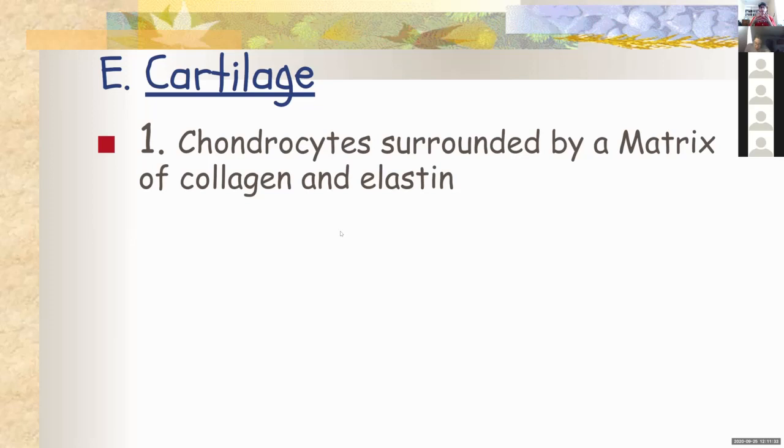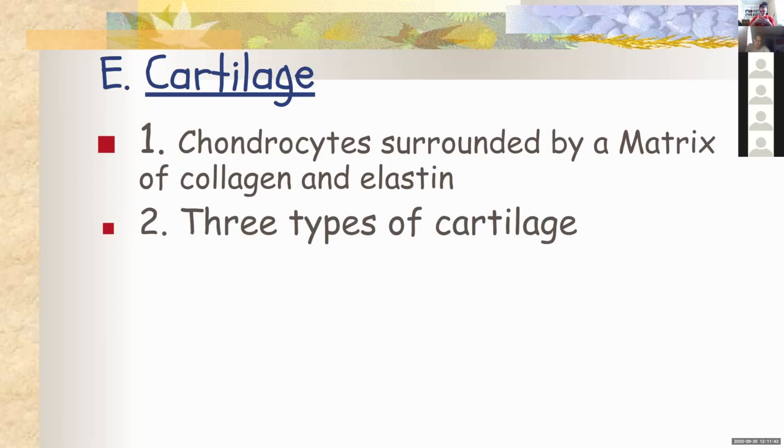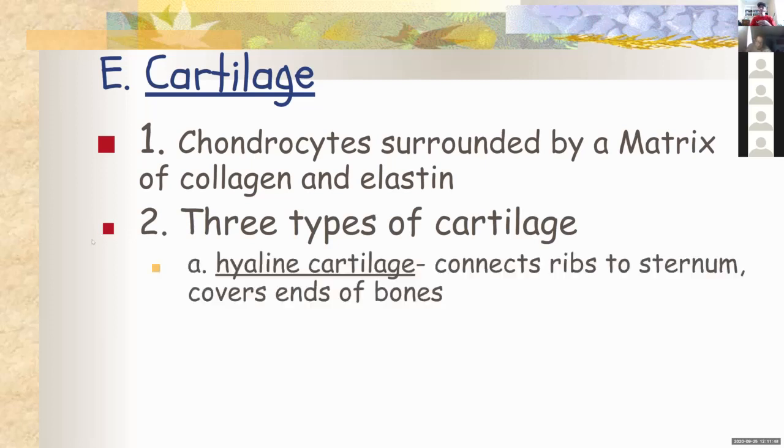So they create a different look than those long strands of collagen and elastin we see in loose connective tissue and dense connective tissue. And that creates 3 types of cartilage. One type of cartilage, the one you just saw a microscope image of, is known as hyaline cartilage.